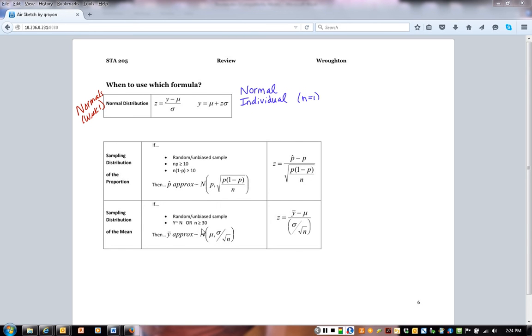The next two sort of go hand in hand. They're both the idea of sampling distributions. One's of the proportion and one is of the mean. Whenever I see that word proportion, that's going to refer to a categorical variable. Whenever I see a mean, that's referring to a quantitative variable.